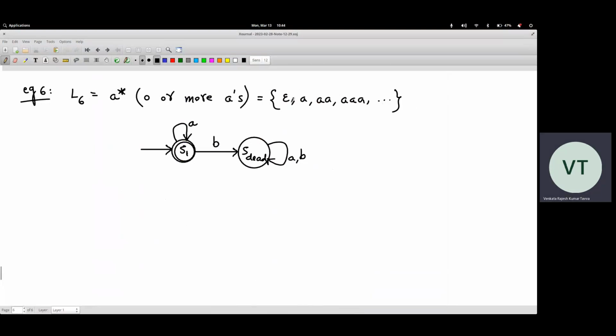So for it to accept epsilon, the simple thing is you make the start state also an accept state. This will always hold true. Whenever you want to accept an empty string, you just make the start state an accept state. And the reverse is also true. Whenever the start state is an accept state, it will automatically accept the empty string. Okay. So let me just mention that.